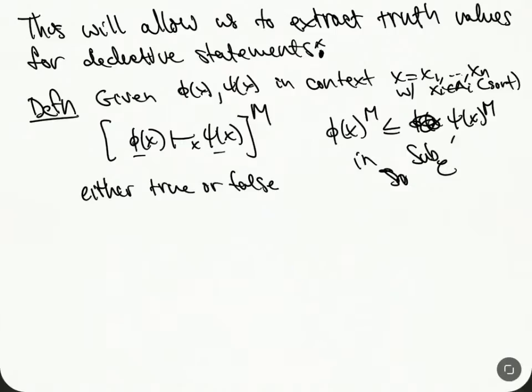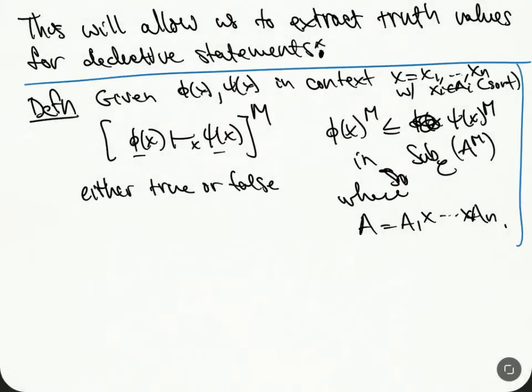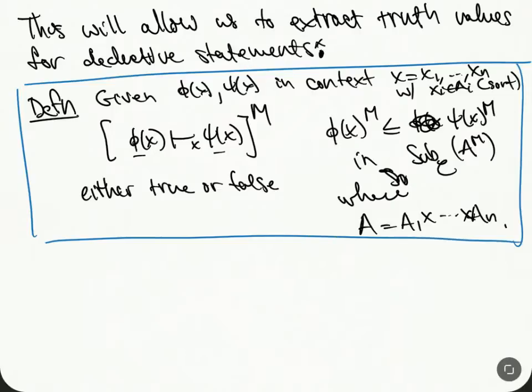Sub c of, and then we have a to the m, where a is this big product here. Okay, so this is the big thing here. Okay, so this formula here is equal to this thing here.